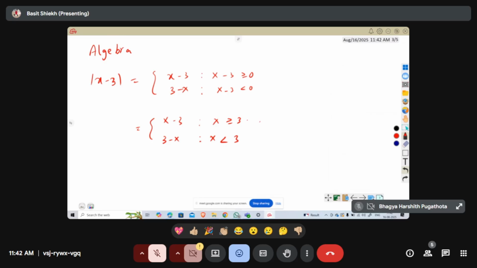This is also a piecewise function. Oh, sorry, this is mod x only. x minus 3 will be mod of x minus 3. I will write here. Is this clear?